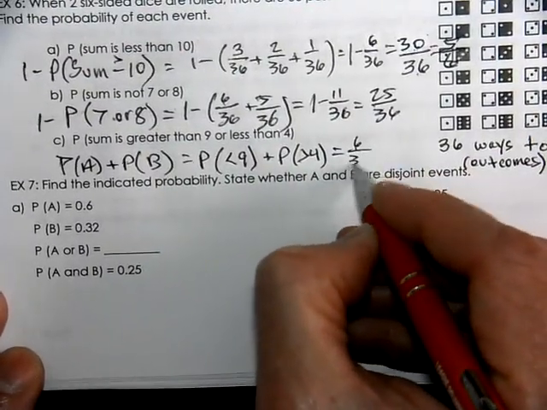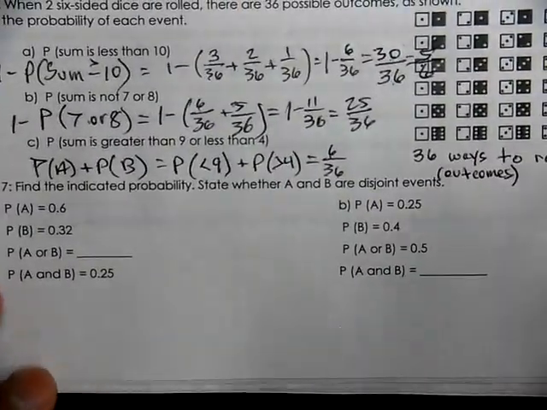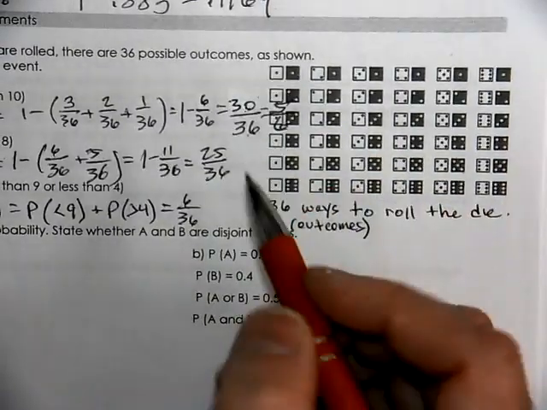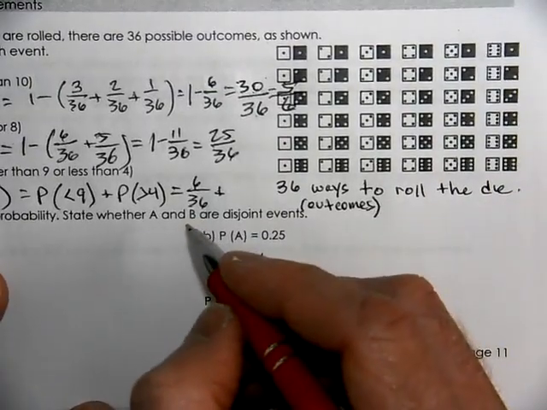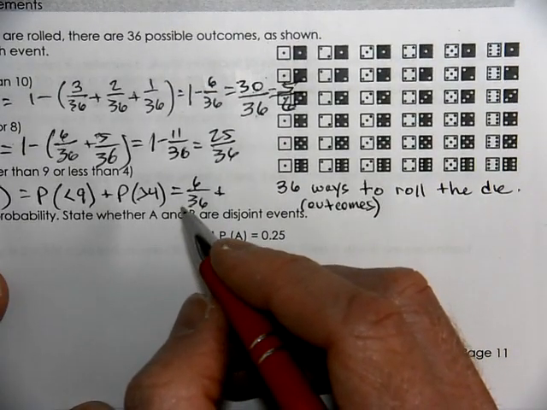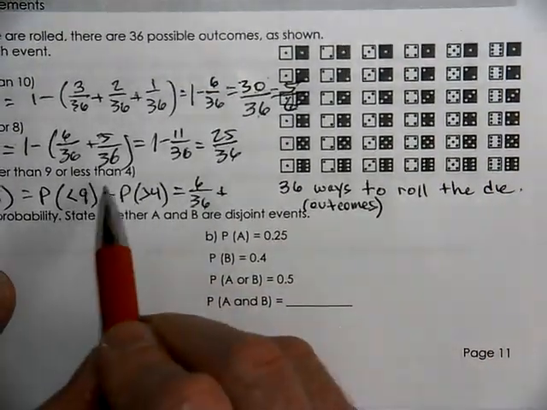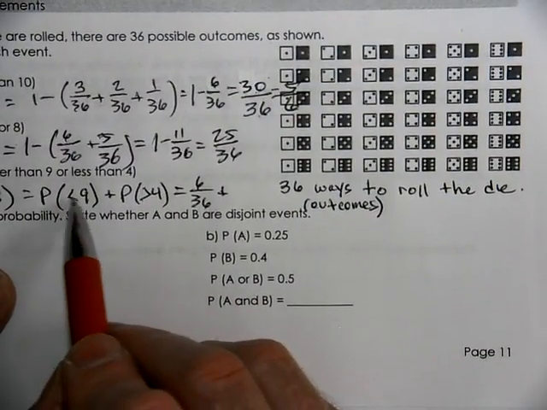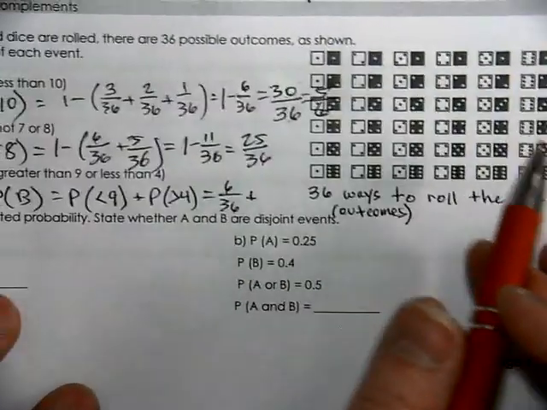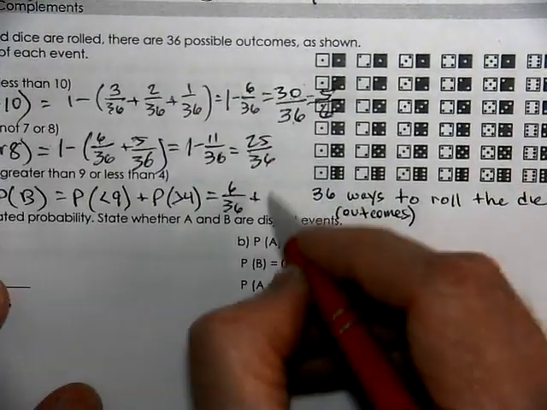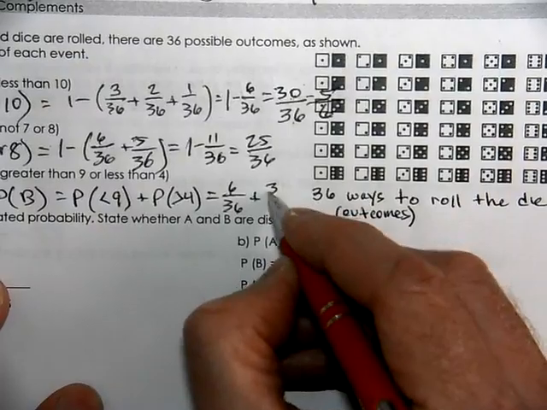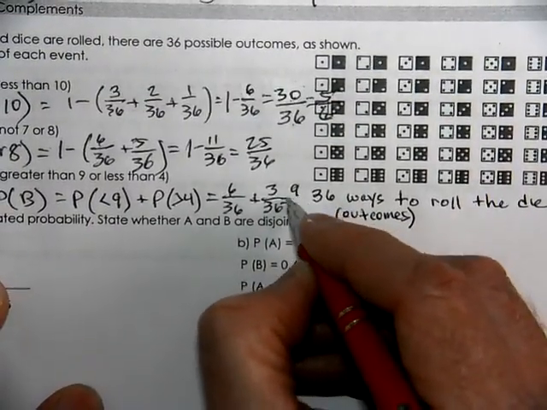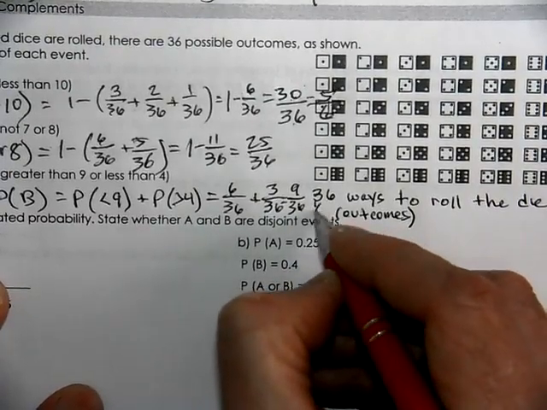There are 6 out of 36 that are less than 4, and there are 3 out of 36 greater than 9, which gives us 9 out of 36, which is 1/4.